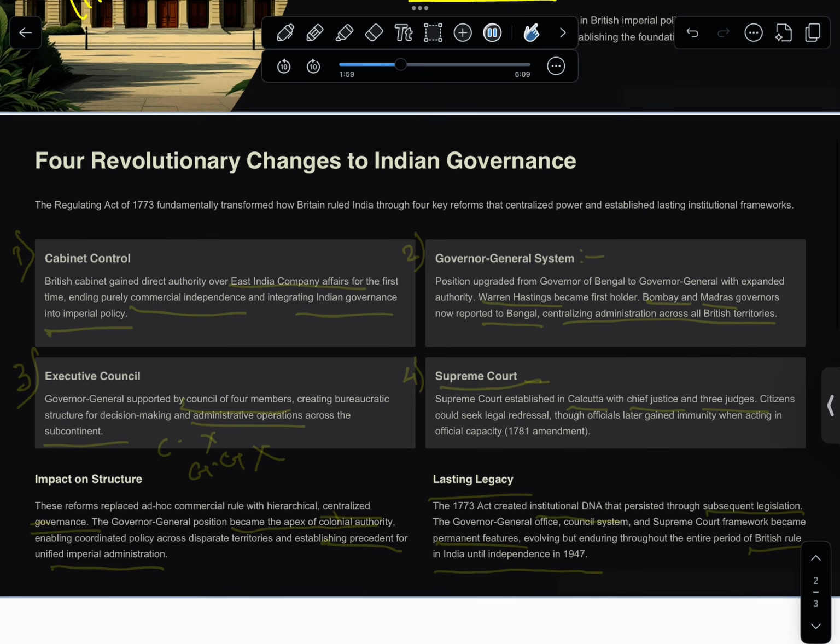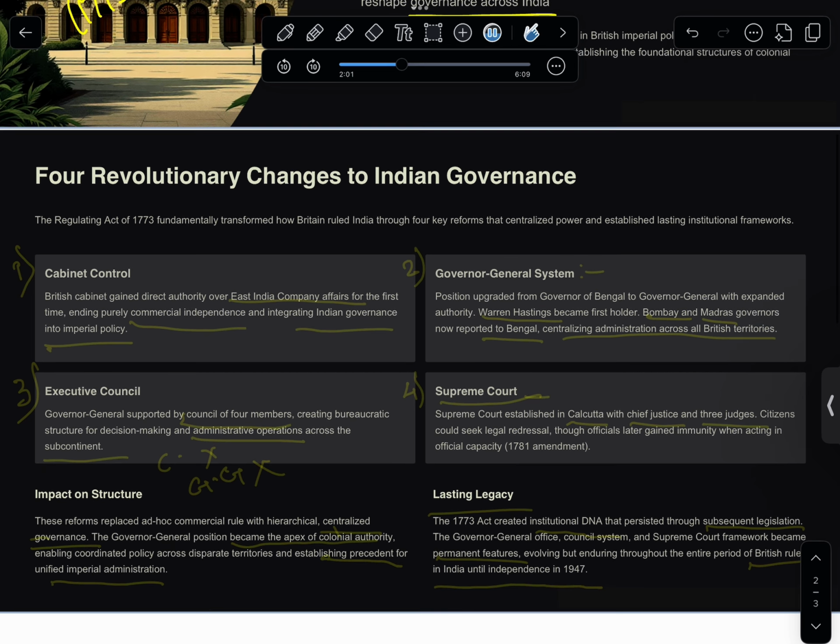The very first one is cabinet control. Here, the British gained cabinet control over the East India Company's affairs for the first time, and this led to the ending of purely commercial independence and integrating Indian governance into imperial policy.